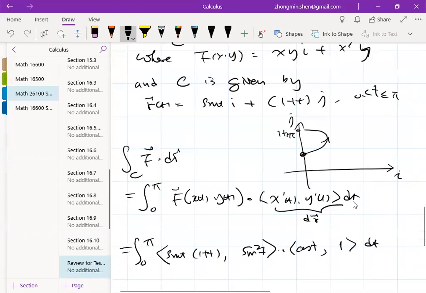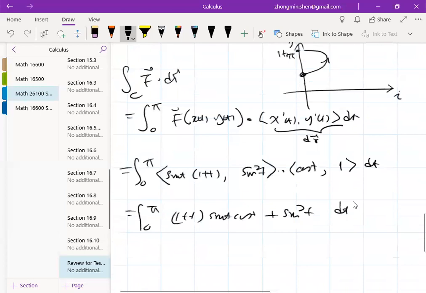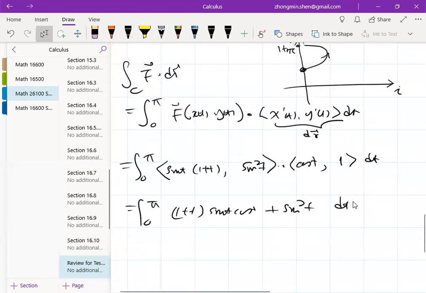Let's see if this is a complicated integral. This is the integral of (1 plus t) sine t cosine t plus sine squared t, dt. Yeah, it's not too bad, but it's complicated, right? You can evaluate it, no problem.